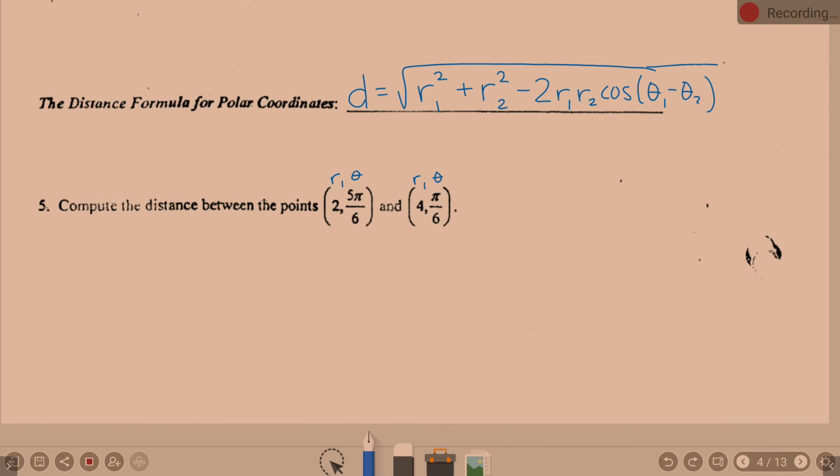The most complicated thing in existence? Nah, honestly, this is not the most complicated thing in existence. Of course, this is based on having 2 ordered pairs, r1, theta 1, and r2, theta 2.